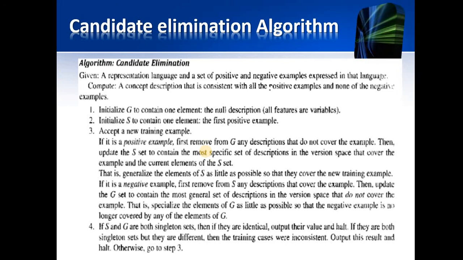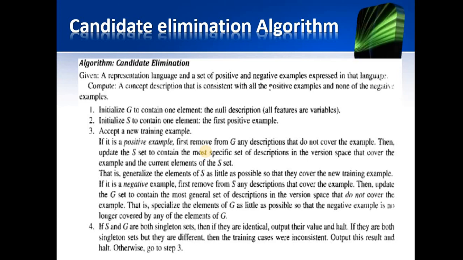So specialize the elements of G as little as possible so that the negative example is no longer covered by any of the elements of G. If S and G are both singleton sets, then if they are identical, output their value and halt. If they are both singleton sets but they are different, then the training cases are inconsistent. Output this result and halt. Otherwise, go to step 3.